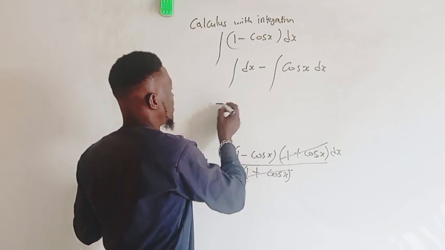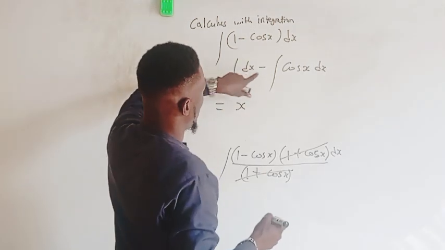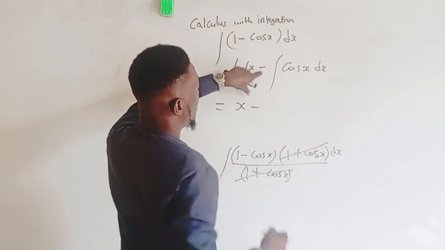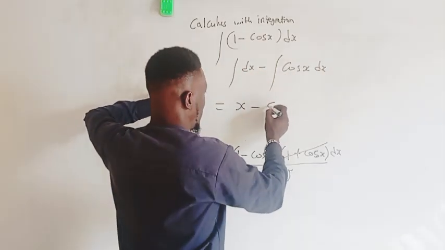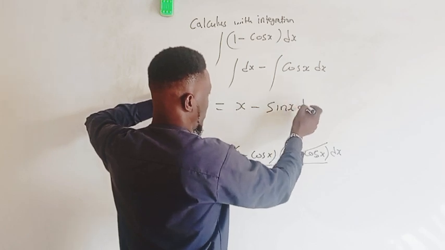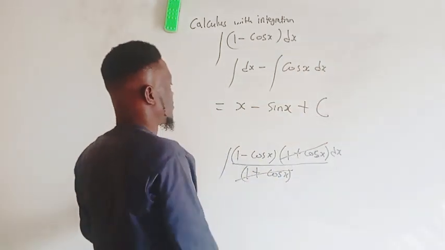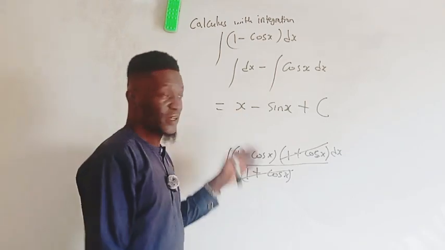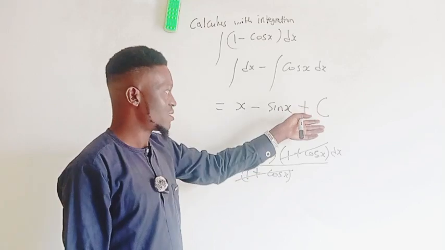Obviously, we know that the integral of dx is x, minus the integral of cos x, which is sin x, plus c. So our answer is x − sin x + c.